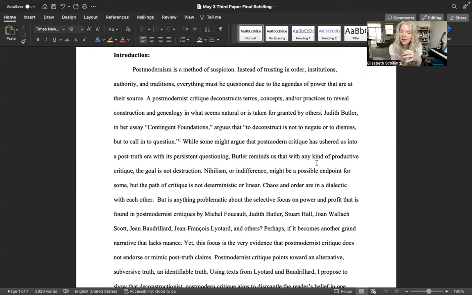Nihilism or indifference might be a possible endpoint for some, and this is what postmodernists are critiqued for leading us into. Critique in general is sometimes critiqued for this: how can we ever be stable if we're always questioning our terms, if we're always seeing the other side or the nuance and how complicated it is? How can we ever land or rest? Will we just give up because it's so exhausting?